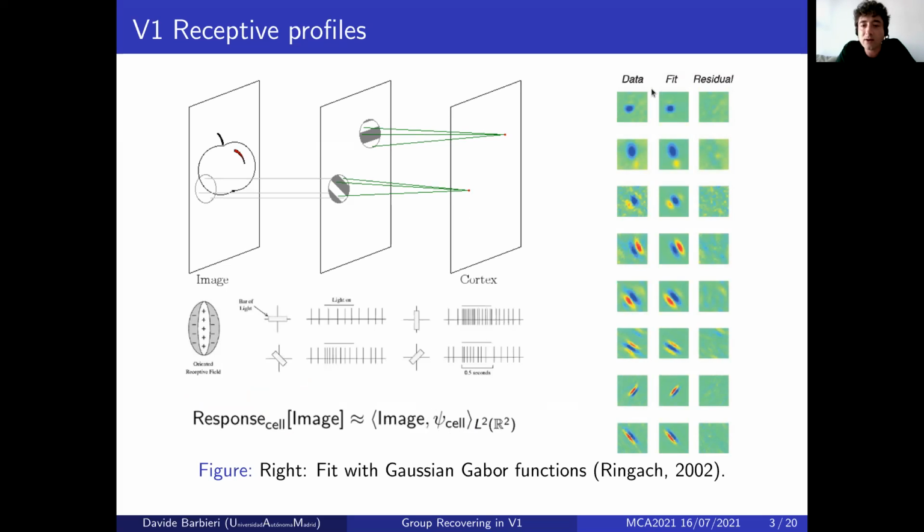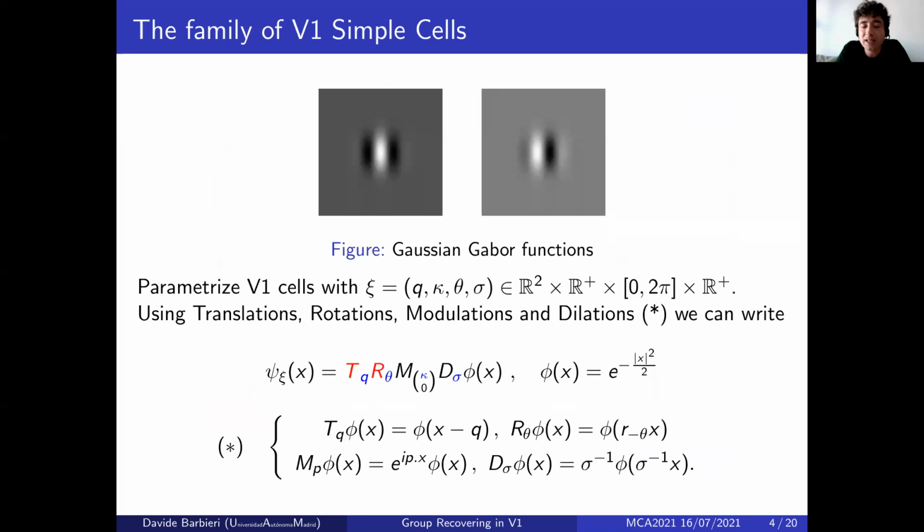And here on the right, we can see actual measurements that have been performed with sophisticated techniques of electrophysiology that could also identify the shape of this function. These functions are two-dimensional functions depicted in a color scale, where blue is negative and red is positive. These functions have been identified and parameterized as Gabor functions.